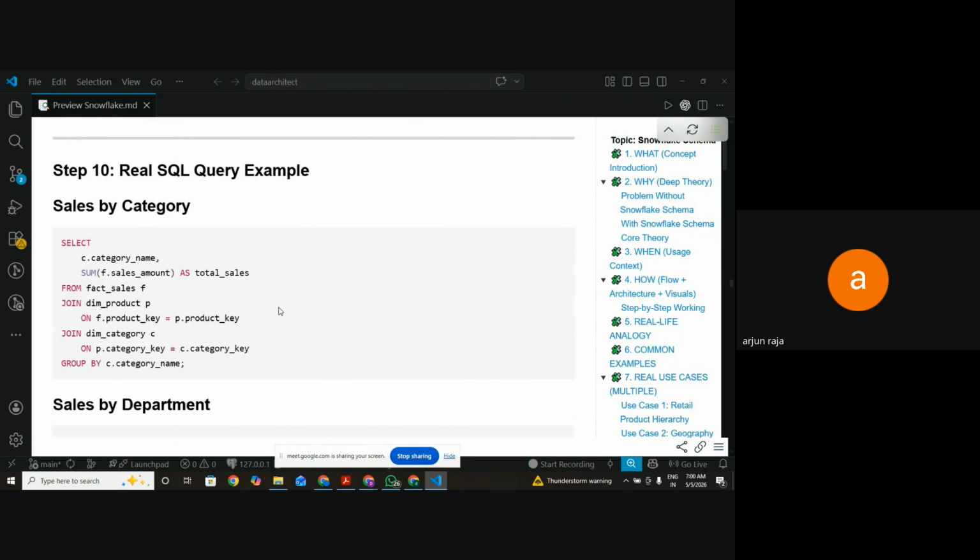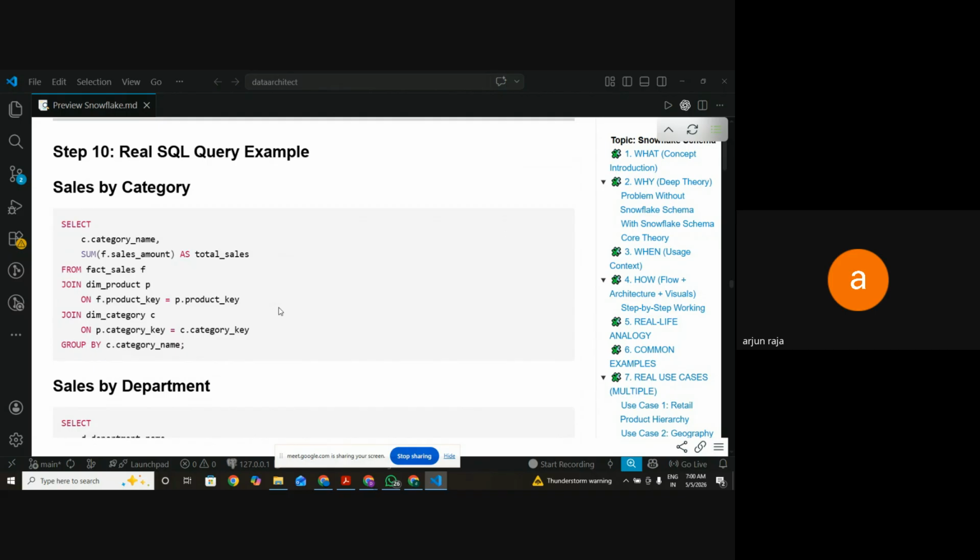Step 10, a real SQL query example. Sales by category: select c.category_name, sum of f.sales_amount as total sales from fact sales, which we are calling F. Join the product table and the category table on product key, and category on category key.